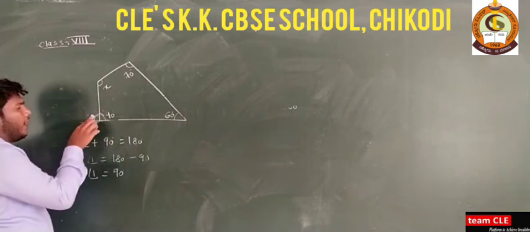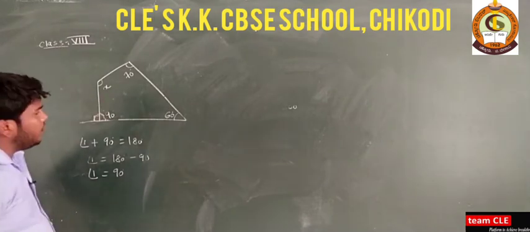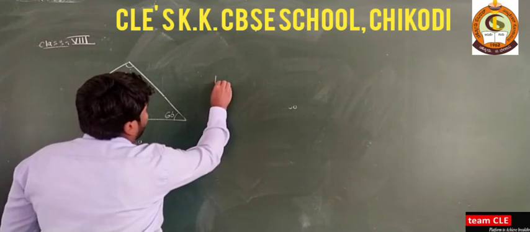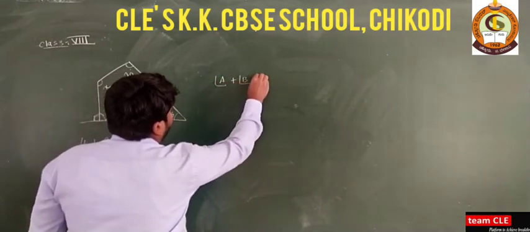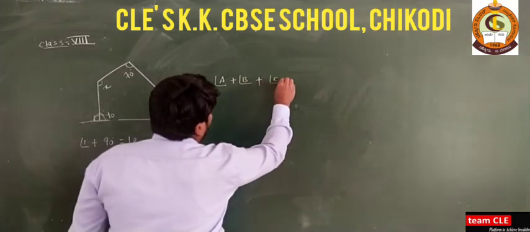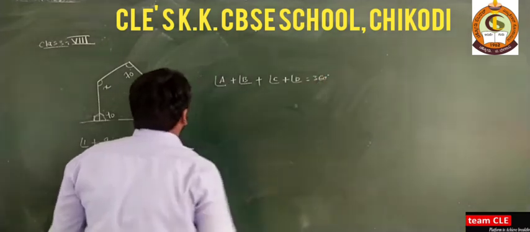Now I need to find the value of x. Again I have to use the angle sum property of a quadrilateral: angle A plus angle B plus angle C plus angle D is equal to 360 degrees.